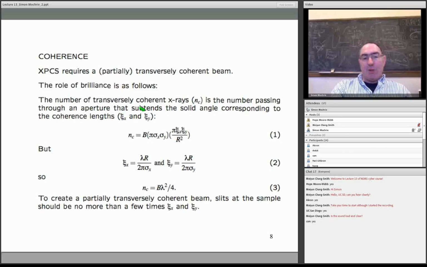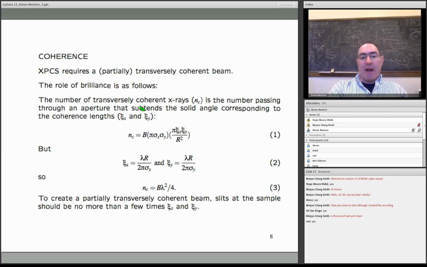In any case, you could calculate the number of coherent photons. It's equal to the brilliance, that's B, which is really the number of photons per unit phase space of the X-ray beam, multiplied by the area of the source. So σ_x is the source size in the horizontal direction, σ_y is the source size in the vertical direction.